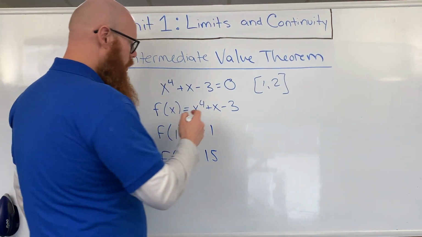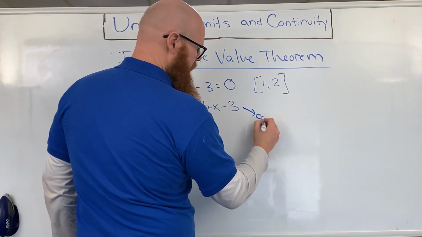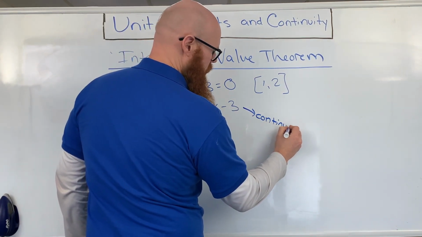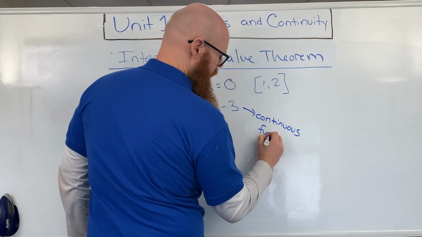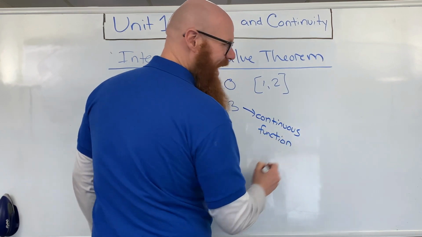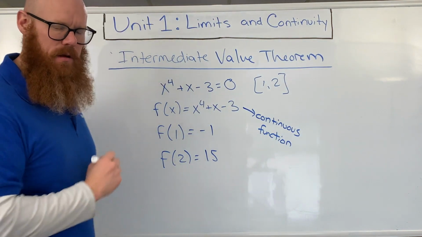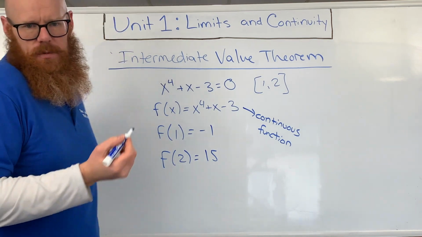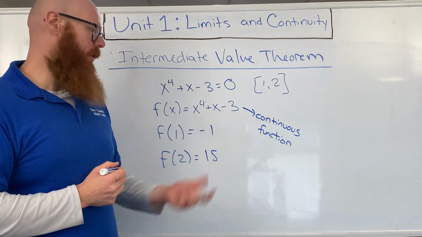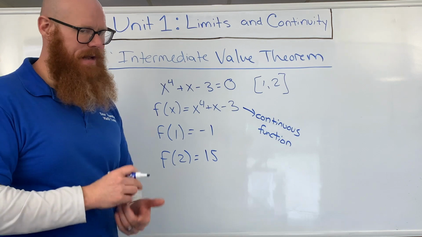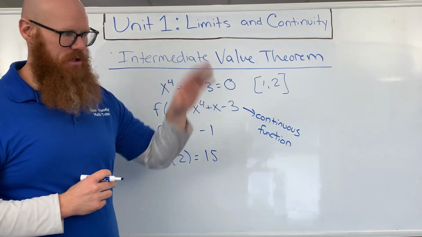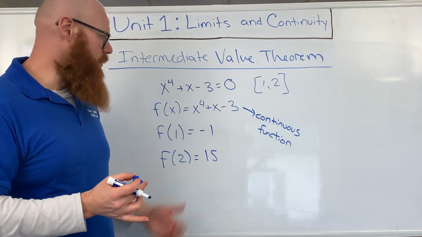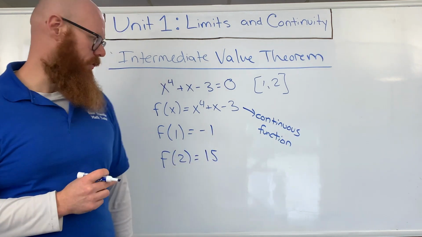And I want to notice that this is a continuous function. I know that because it lacks suspicious points or suspicious numbers. It's a polynomial. It doesn't have any denominators. It's not a piecewise function that's changing rules. There's no suspicious points, so it's a continuous function.